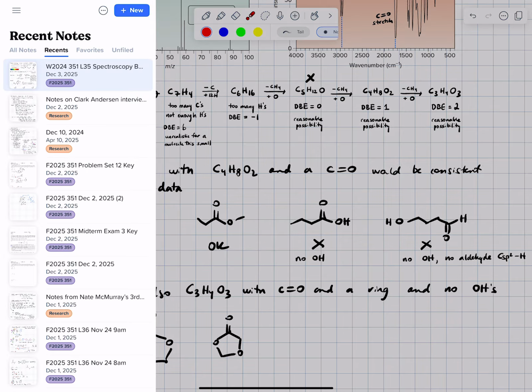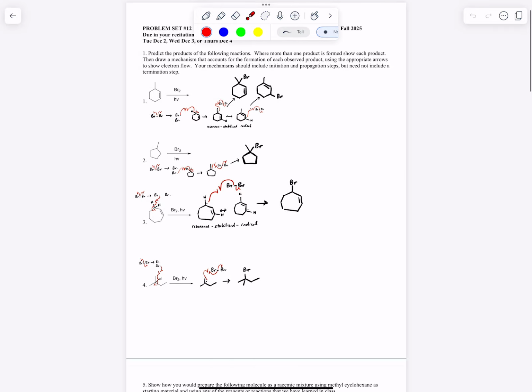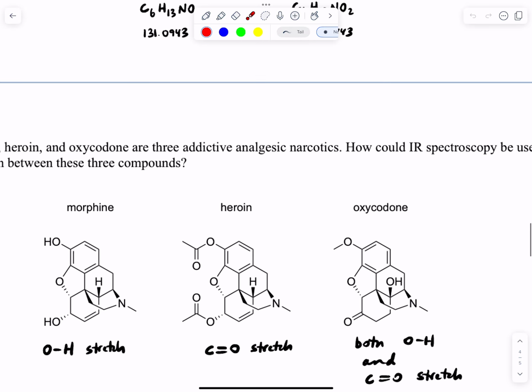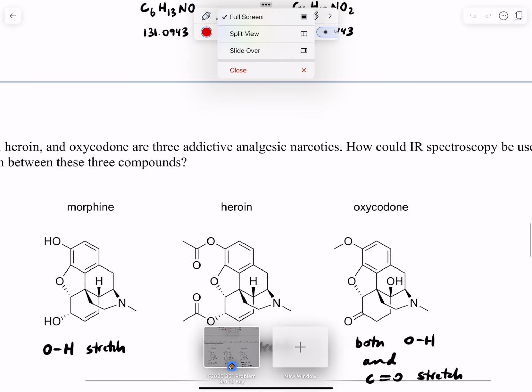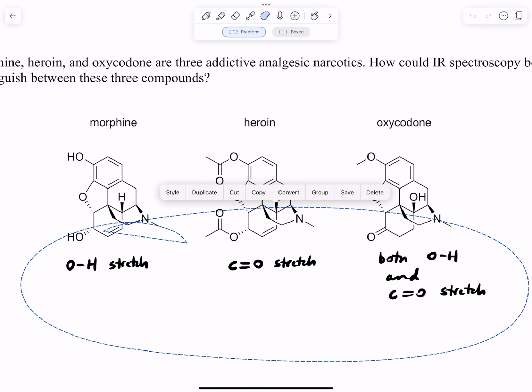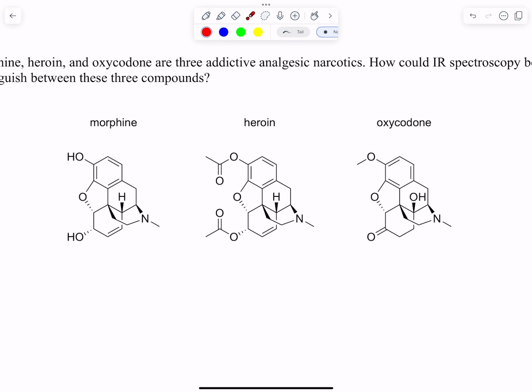On your problem set for this week, I ask you to think about this for these three. These three opioids, morphine, heroin, oxycodone.